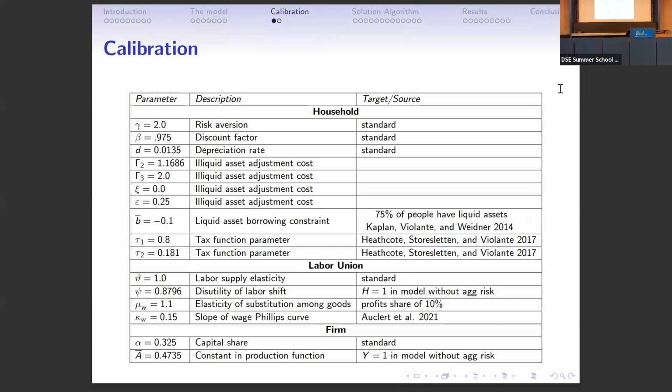So let me briefly discuss calibration. When we looked for parameters to be calibrated in the model, we didn't find a single paper that would estimate both idiosyncratic uncertainty and aggregate uncertainty.